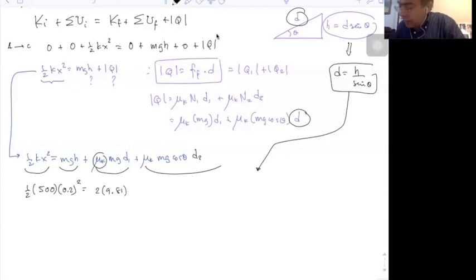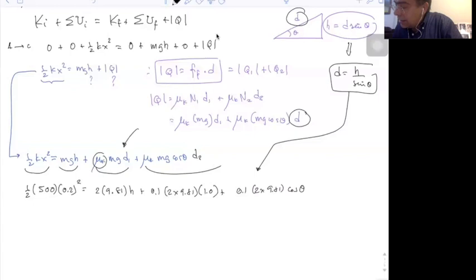Now this term in the middle, we know it because we know the distance along which the horizontal track had some friction: 0.1 for the coefficient, 2 times 9.81, plus the distance, it was 1 meter. I'm very sorry about that. And then for this term it is 0.8, 2 times 9.81 cosine of theta.